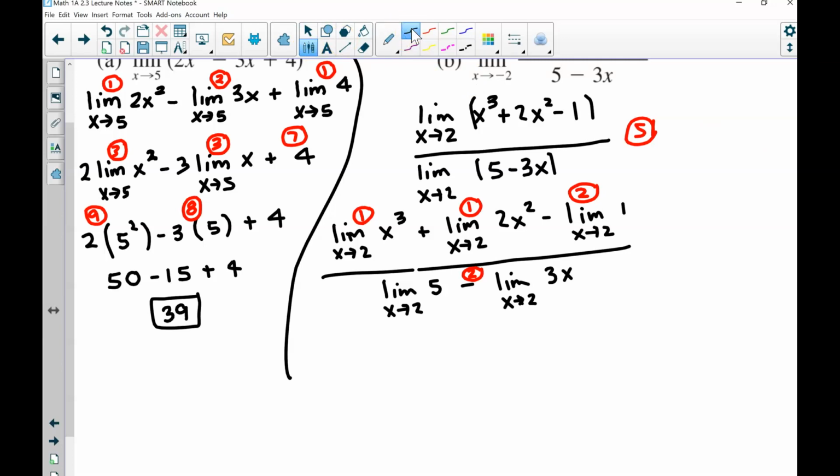Okay, so now let's continue. Let's evaluate the first limit up here on the left. Well, as x approaches 2, it's going to be 2 to the third power. And actually, these all should be negative 2. So let me make that correction.